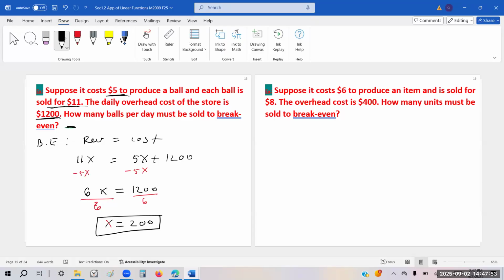Since you know the left, that means you can do the right one easily. It costs $6 to produce, but $8 to sell. Your monthly cost is 400. When do you get break even? They're exact same questions, but the numbers are different.